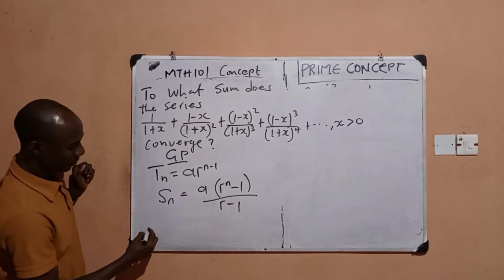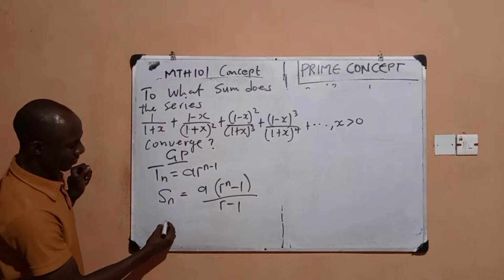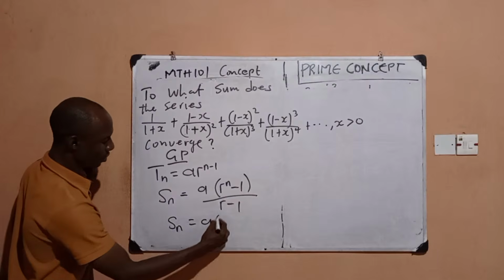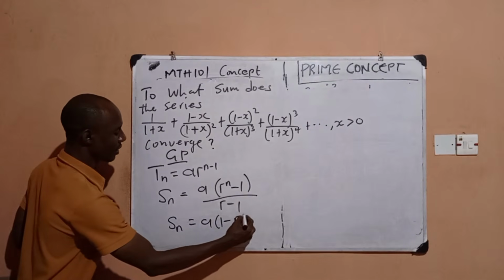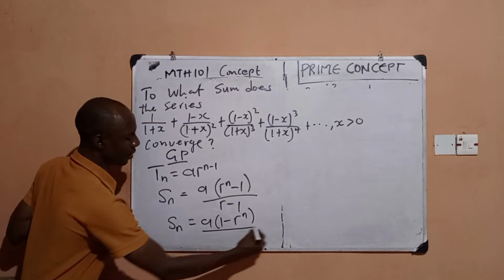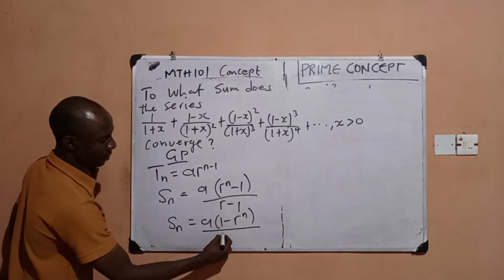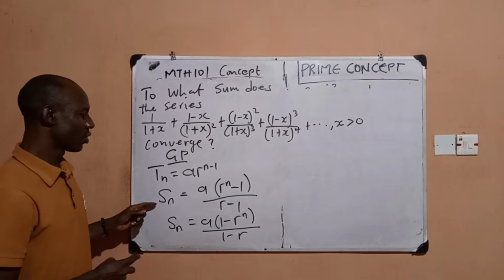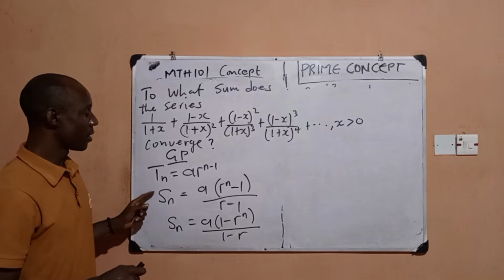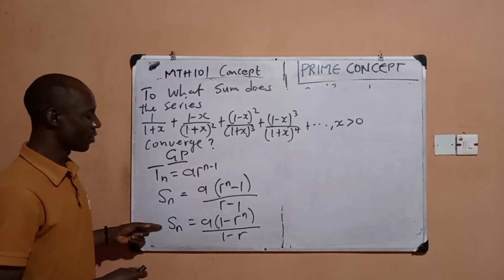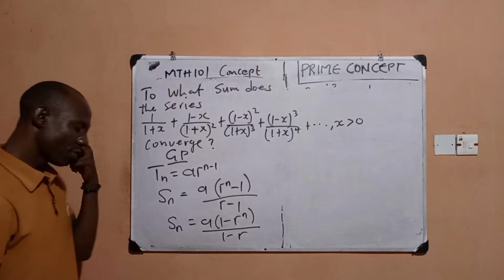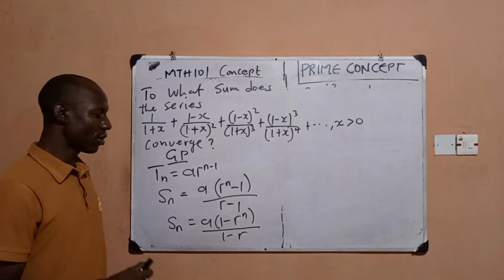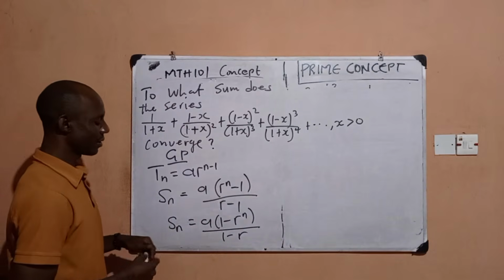Or you have Sn equals A into 1 minus R raised to power n, all over 1 minus R. So this is the formula for sum of a GP. Now, some of you might think these two formulas are different, but they're actually the same. But in secondary school, they taught you something like this.